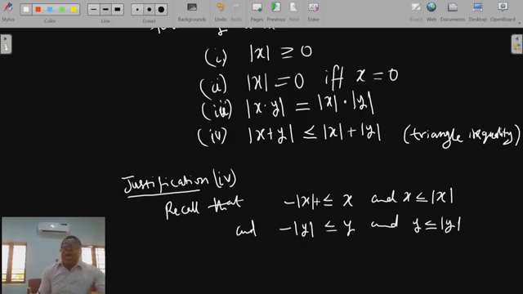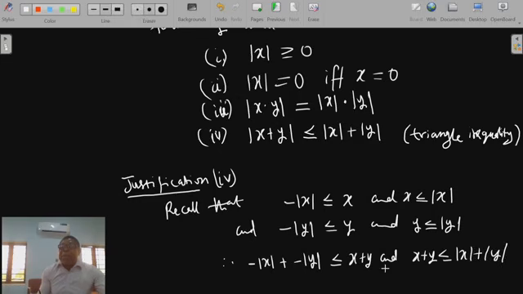Now, if I add these two inequalities, I have therefore that minus absolute value of x plus minus absolute value of y will be less or equal to x plus y, and x plus y will be less or equal to absolute value of x plus absolute value of y.